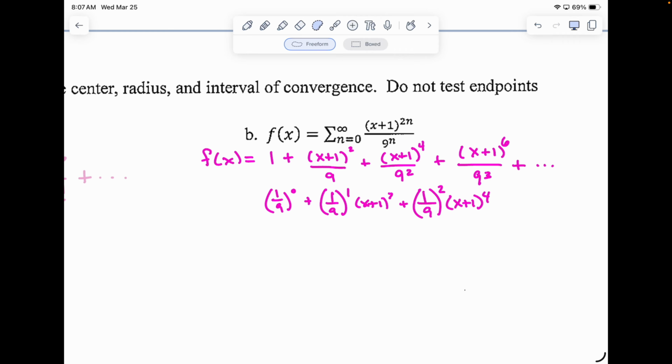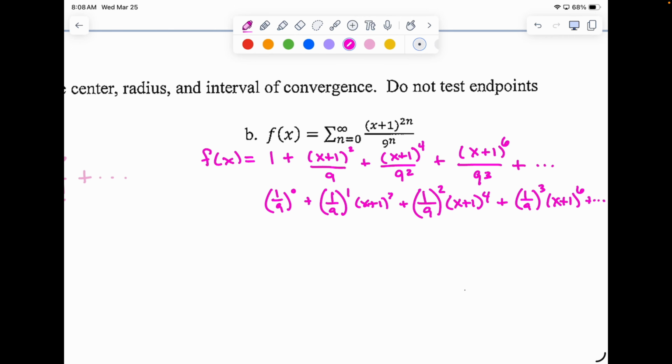What do we call a series where we have this same thing being raised to a higher power each step? There we go. So this is a geometric series. And I'm noticing that my common ratio is less than 1. So I don't need to use the ratio test. I can see the ratio, right?